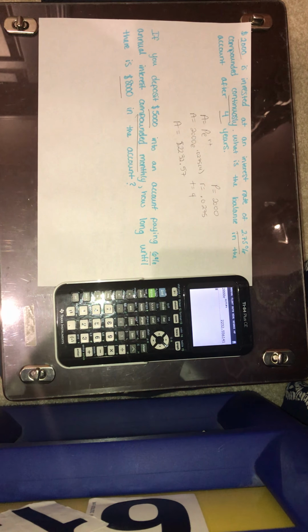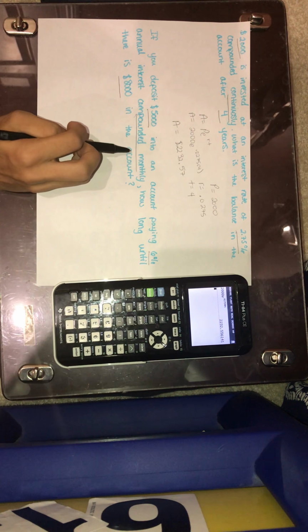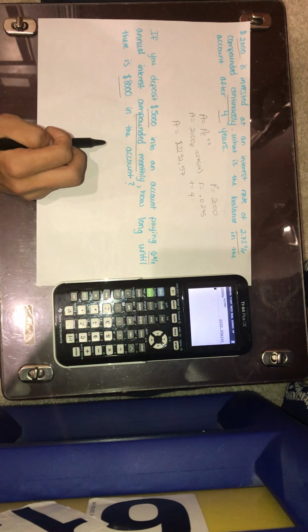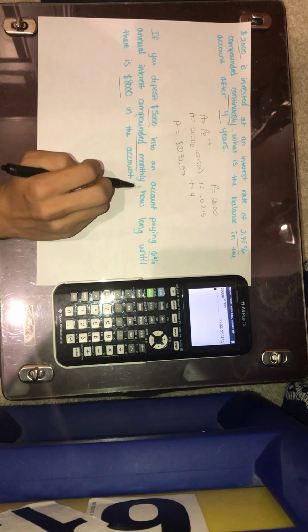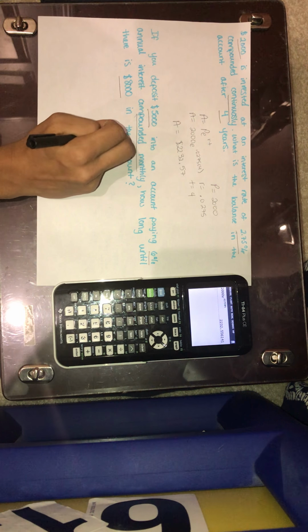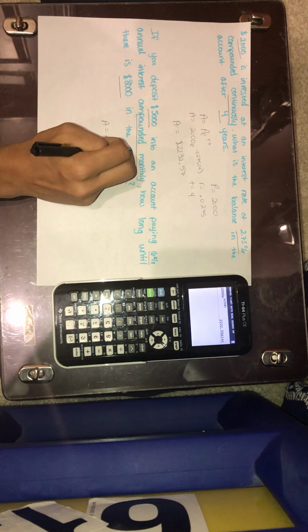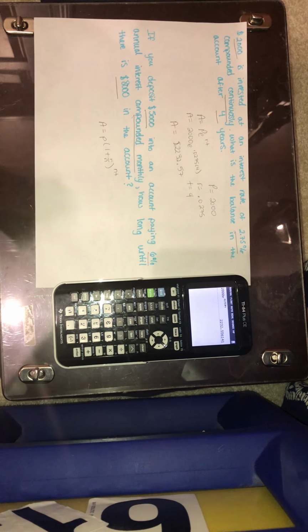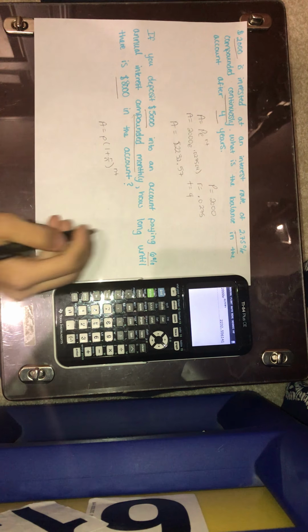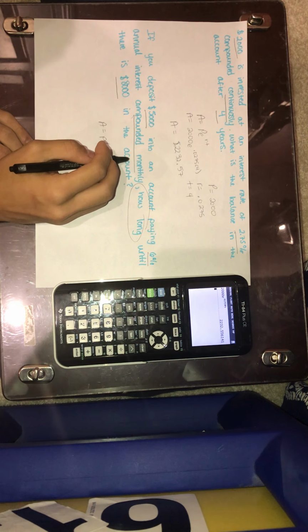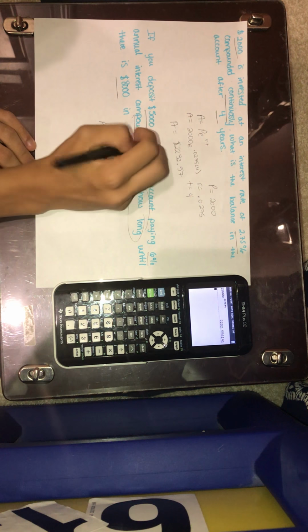Since it says compounded monthly, we know it's going to be A equals P times (1 plus r over n) to the nt. And it's asking us how long, so this won't be a t value, it'll be a t unknown.